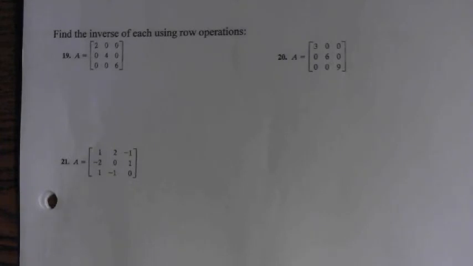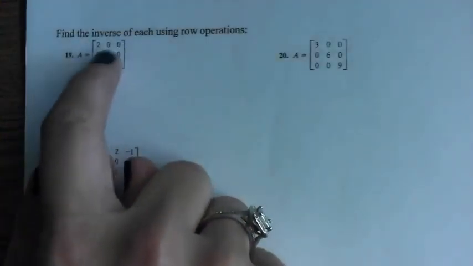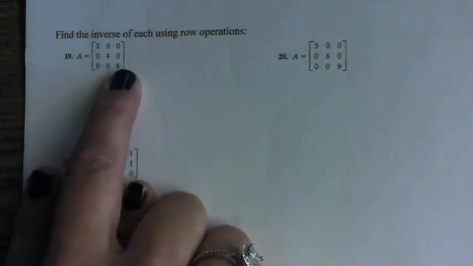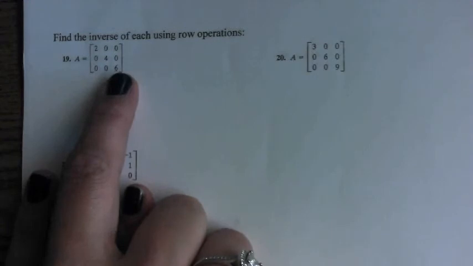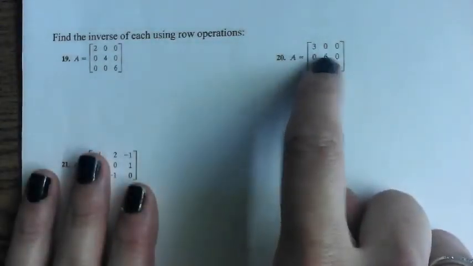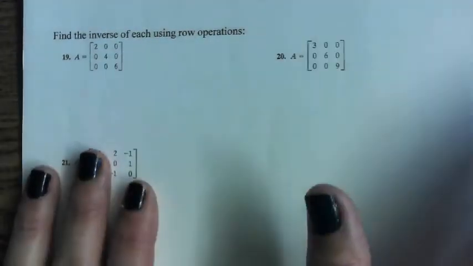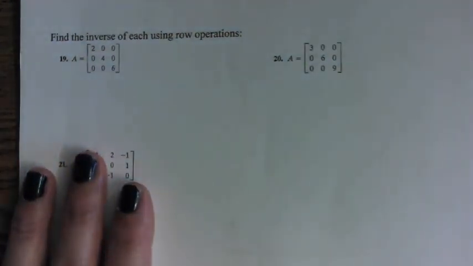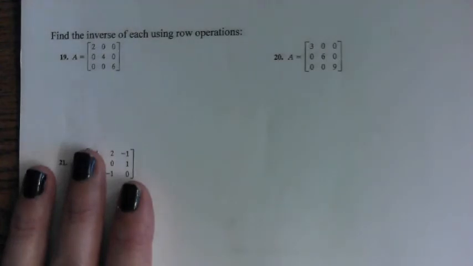Divide that by 2, that by 4, and that by 6, and your answer will be there. Divide by 3, divide by 6, divide by 9, and you'll be done. Just put these next to the identity matrix and do those divisors, and you'll be done.